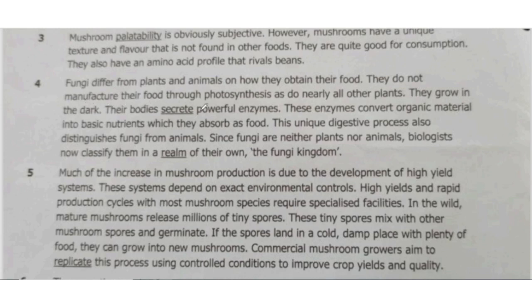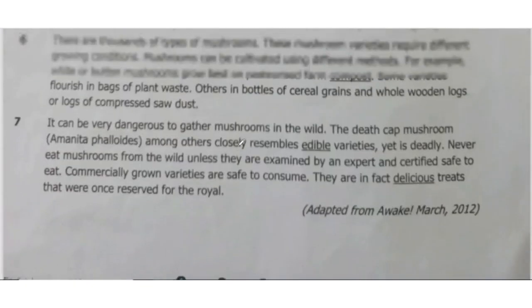Their bodies create powerful enzymes. These enzymes convert organic material into basic nutrients, which they absorb as food. The unique digestion process also distinguishes fungi from animals. Since fungi are neither plants nor animals, biologists now classify them in a realm of the fungi kingdom.